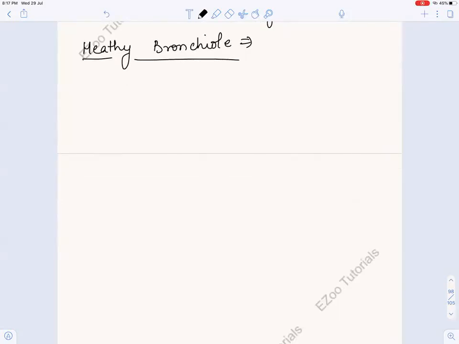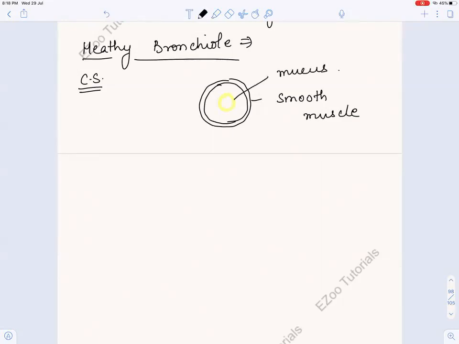So now I'm drawing a cross section of a healthy bronchiole. These are the smooth muscles, and then there is this mucus.